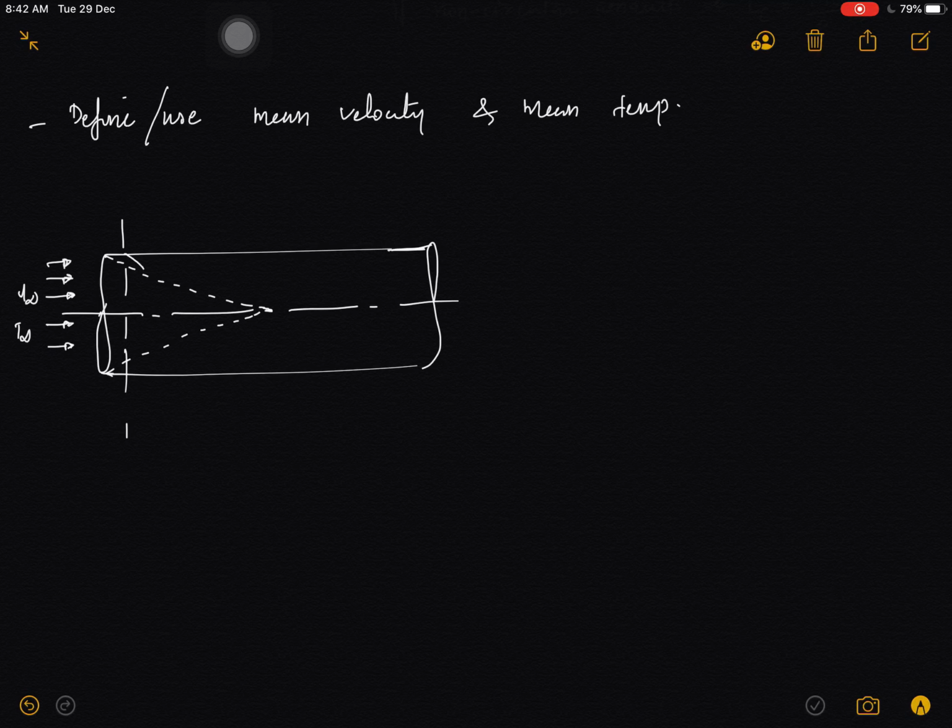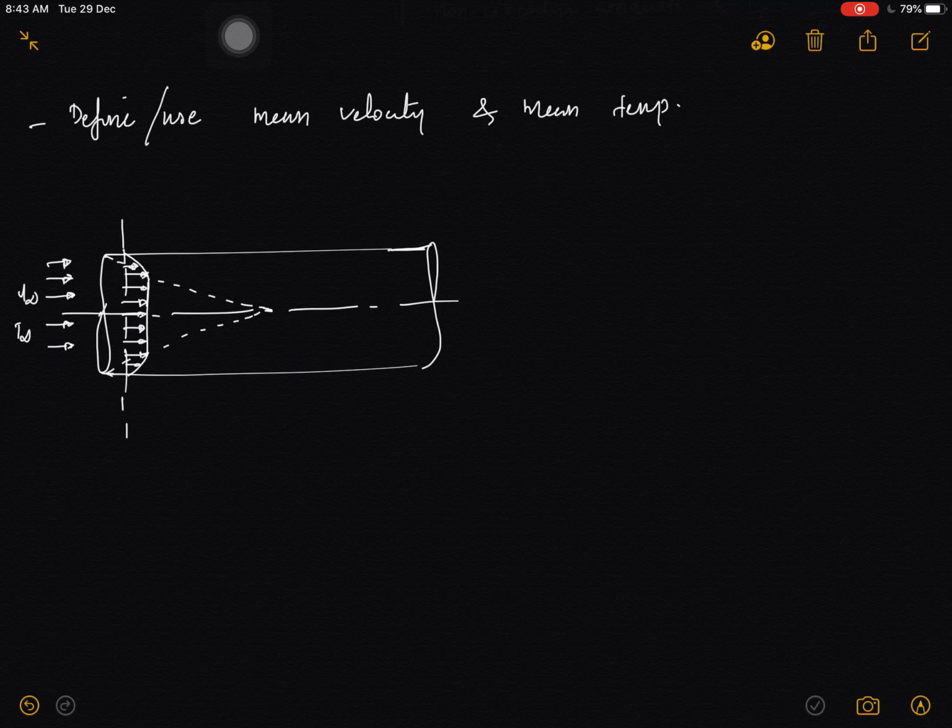We can draw the velocity distribution like this: there is variation over here, in this region there is no variation in the velocity, and here there is again variation. And this will be the temperature profile, with some variation over here.